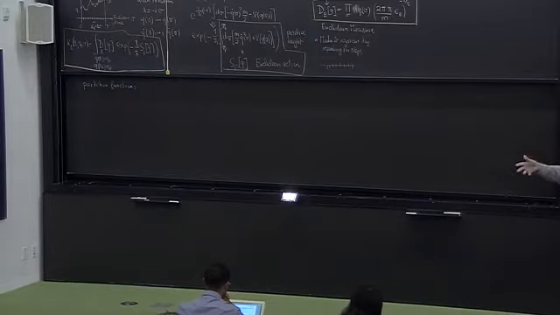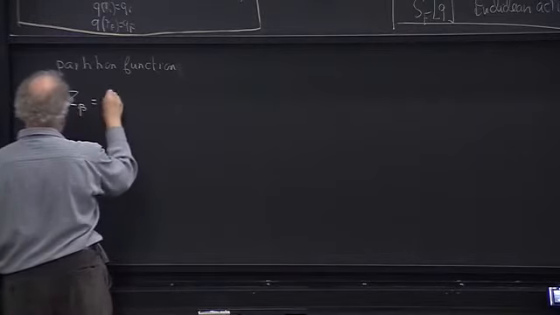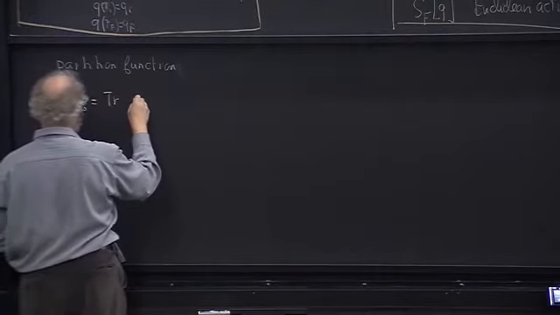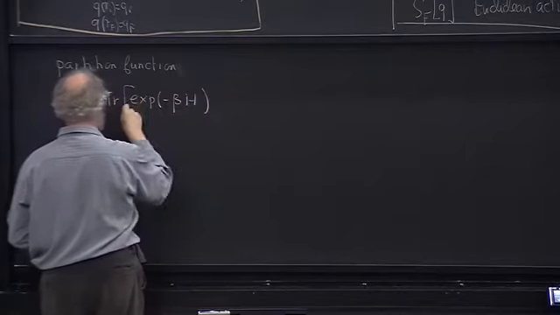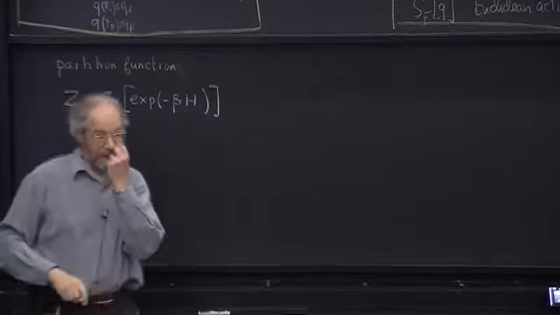So one may ask, what is the partition function Z of beta, which is a trace of exponential minus beta H for this system?